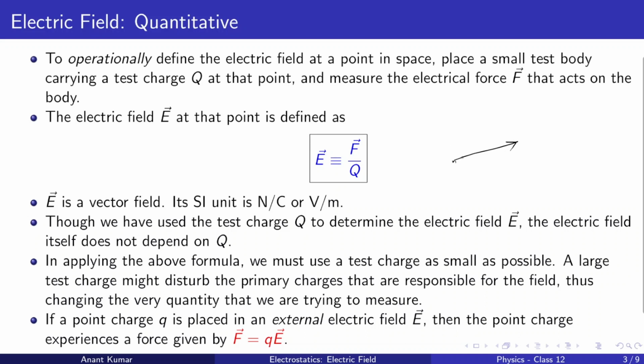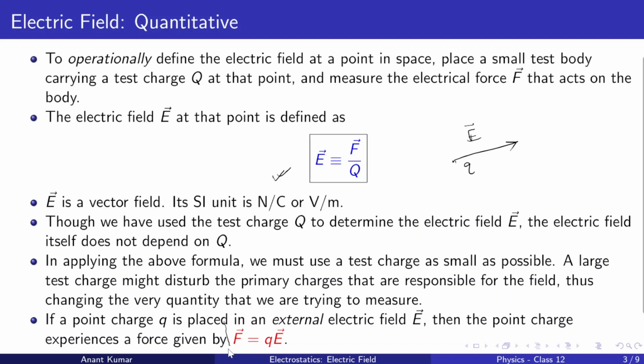Now if I put another charge Q over here, which is not one of the charges that produced the electric field, this charge will experience a force, and that force we could obtain by the same definition written in a different way, as the force F equals Q into E. So we obtain the force by multiplying the charge Q with the external electric field.